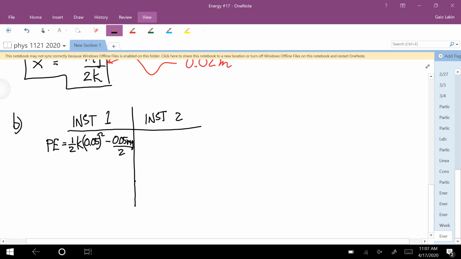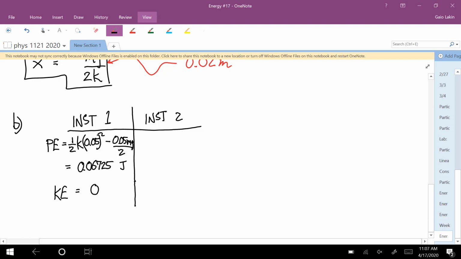And if you plug in all the values for that, you get a number. And the number is 0.06725. This is energy, and everything's in SI units, so that's joules. It's being released from rest, so the kinetic energy is 0.